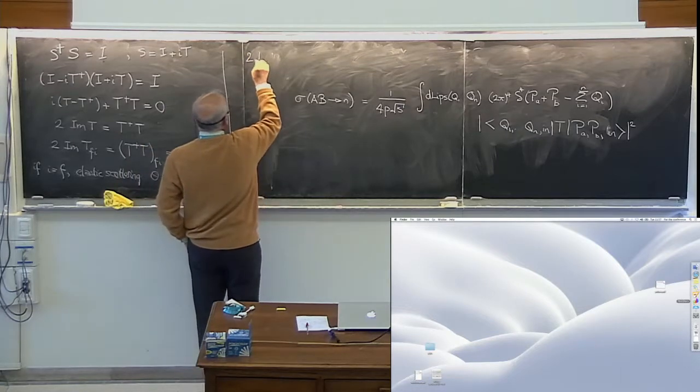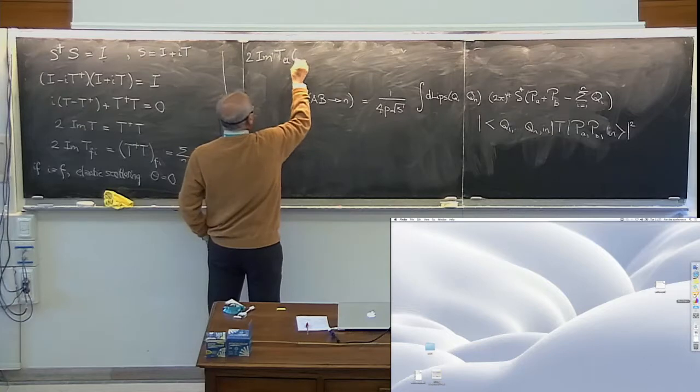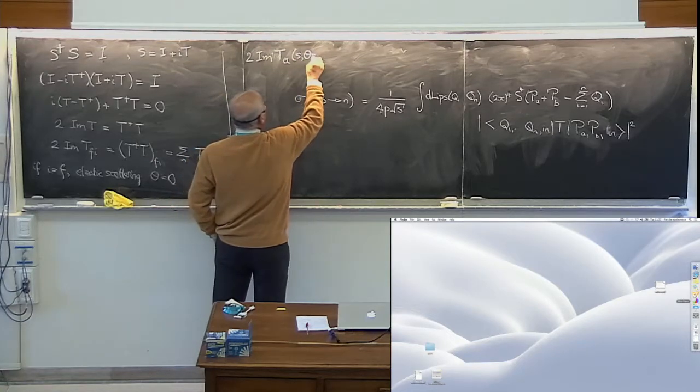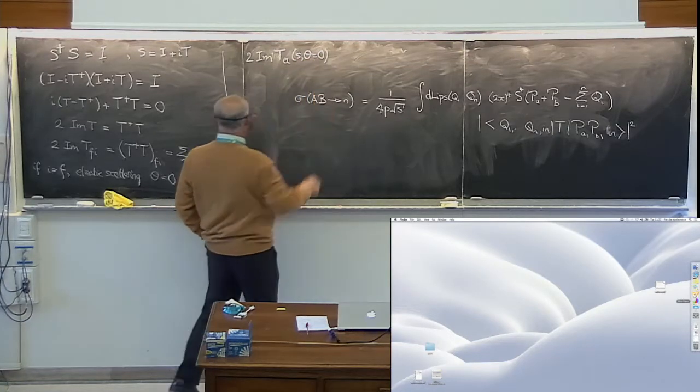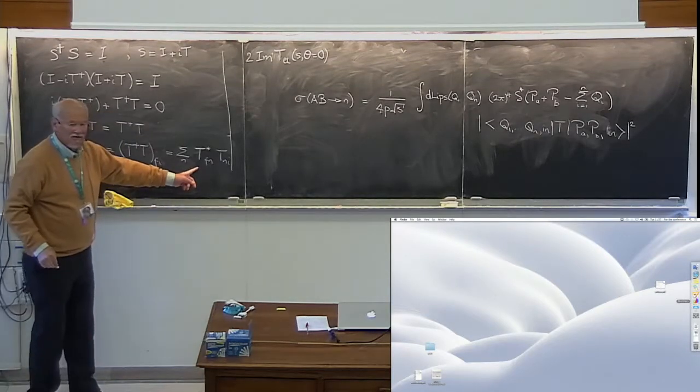So it tells us that 2 times the imaginary part of T elastic at s and theta equals 0 is equal to this sum.